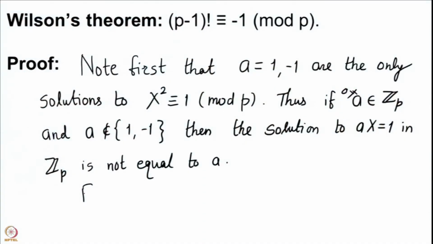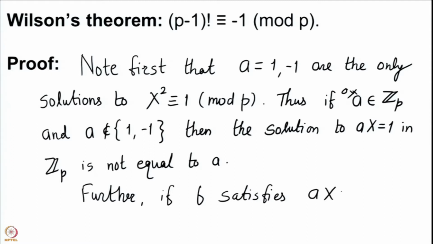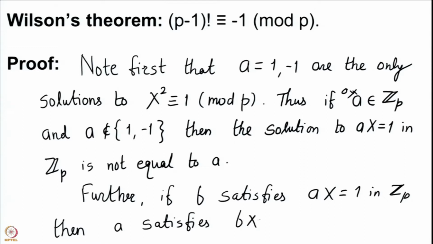There is another thing that we should remember. Further, if b satisfies ax equal to 1 in Zp, then a satisfies bx equal to 1 in Zp.